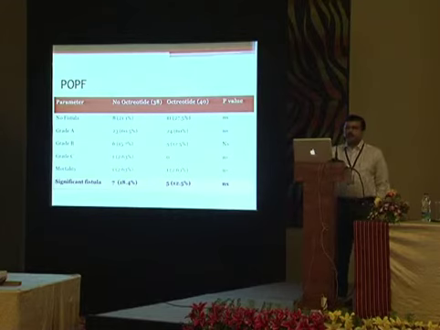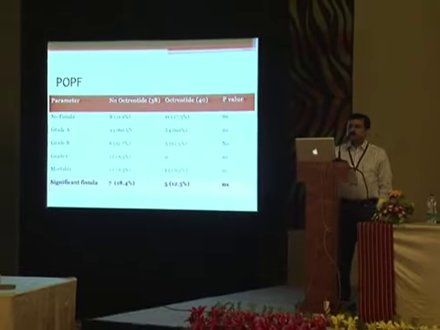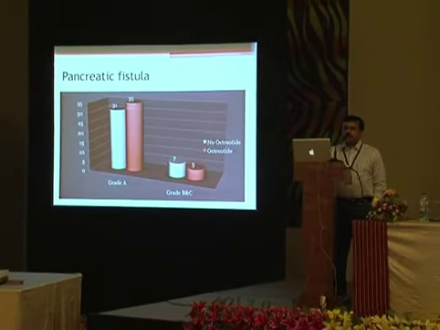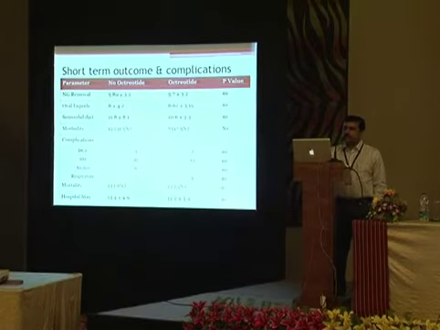There is one grade C fistula in the no octreotide group, none in the octreotide arm. If you put together grades B and C, the significant fistulae, there was no statistically different incidence between octreotide and no octreotide. This is the graphical representation of the same. You can see that the significant fistula is not different in both arms.